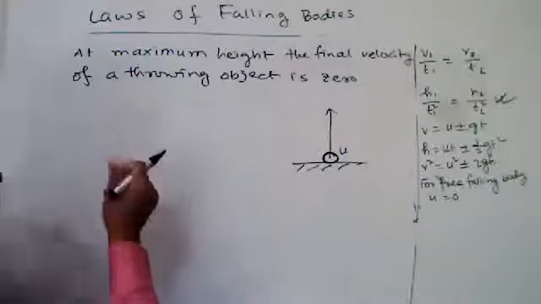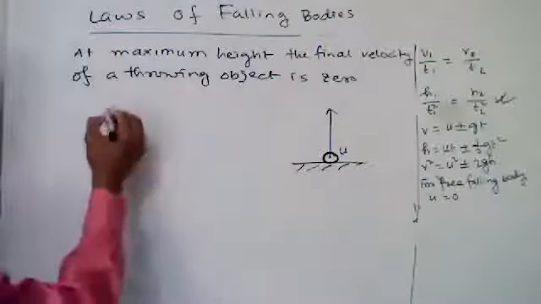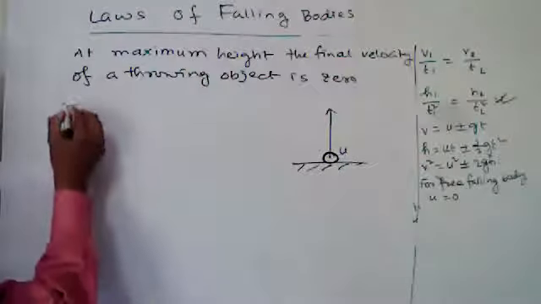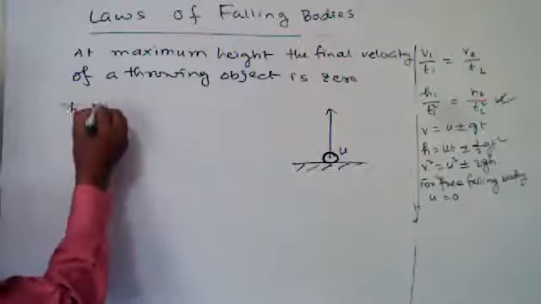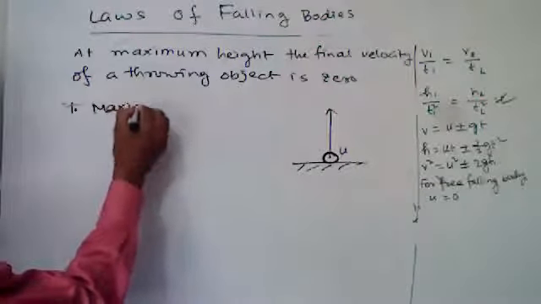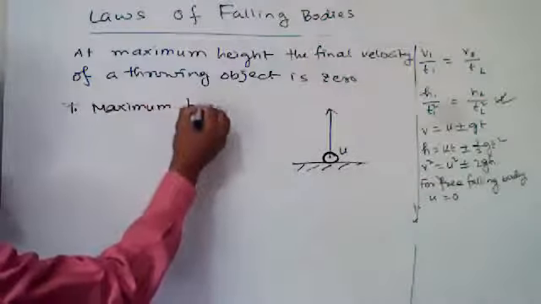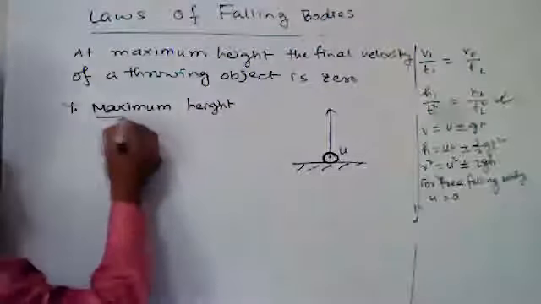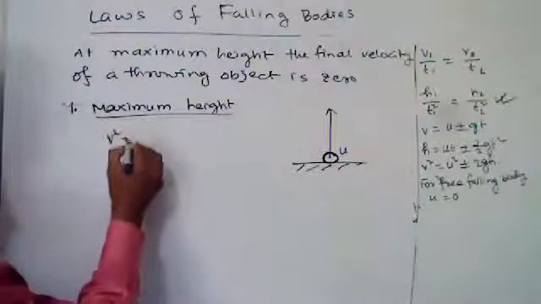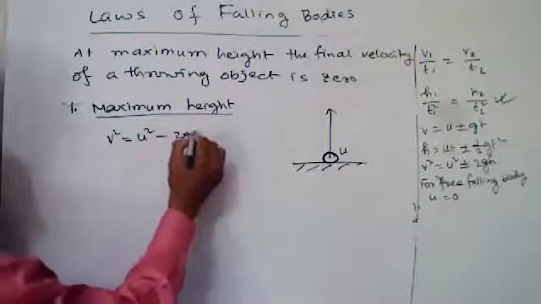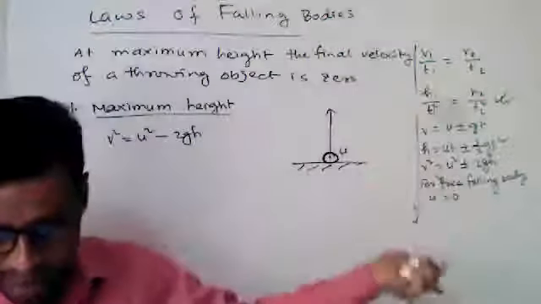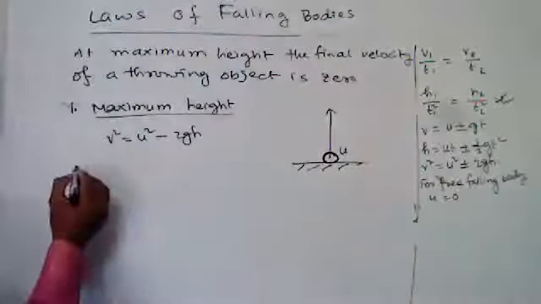Now we can write, first we determine the maximum height. For maximum height, we know v squared equals u squared minus 2gh, because it is a thrown body.